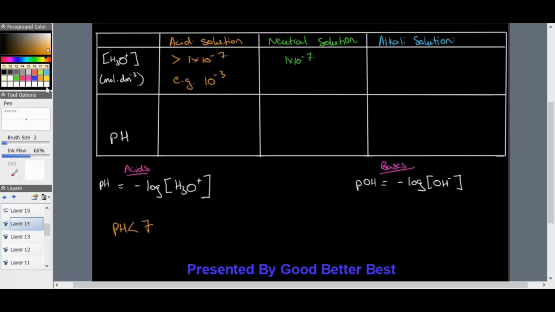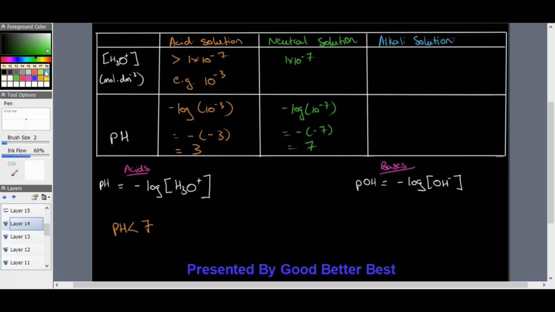So for example, if I take the pH, negative log of 10 to the minus 3, you can put this on your calculator if you want to as well, I'll get negative of negative 3. This is log rules, and I'll get a value of 3. If I take negative log of 1 times 10 to the minus 7, I get negative times negative 7, which gives me a pH level of 7.